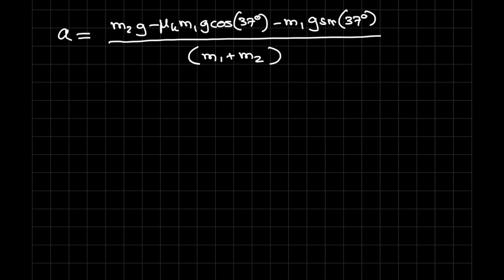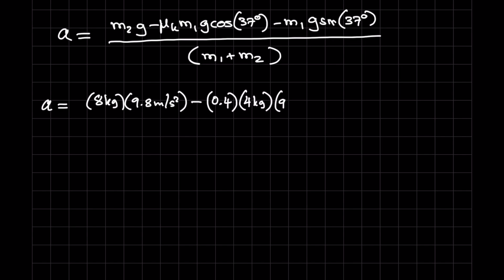Once you're at a place where you have what you need, you have the acceleration equal to some expression, now you can go ahead and put the numbers in. So you can say A is equal to 8 kilograms times 9.8 meters per second squared minus mu k, the coefficient of friction, 0.4, 4 kilograms, then 9.8 meters per second squared, cosine of 37 degrees minus 4 kilograms, again 9.8 meters per second squared.